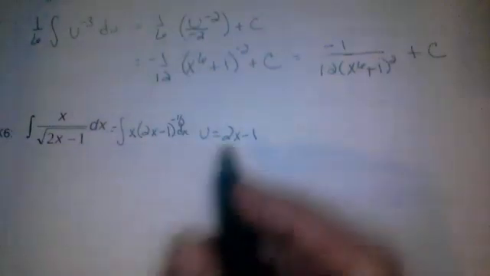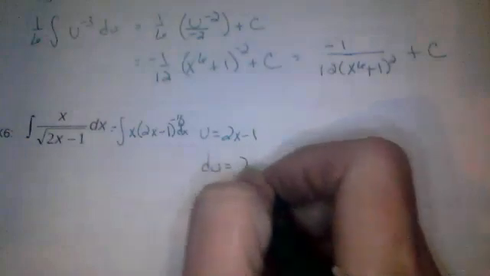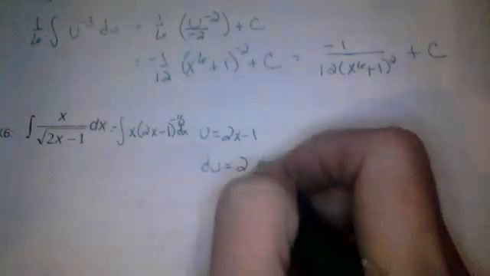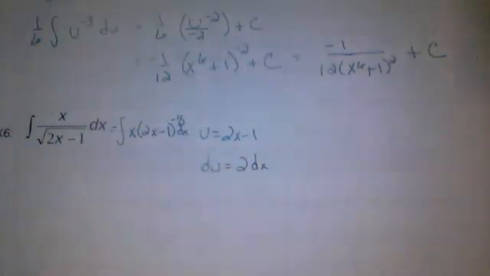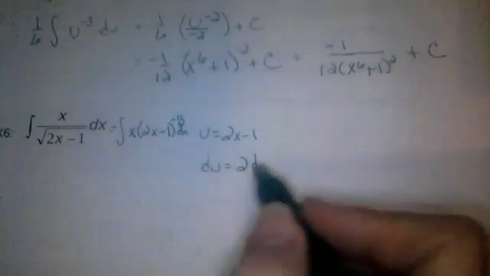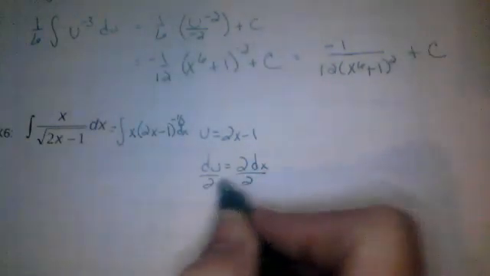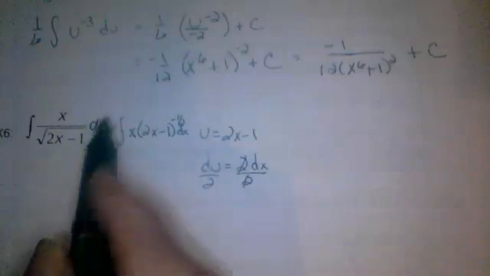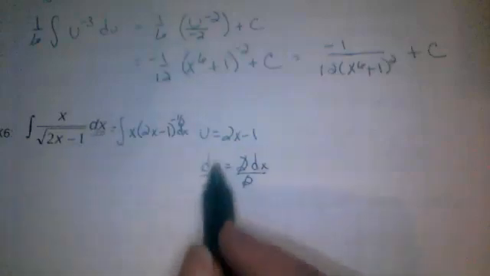So when I take the derivative, I get 2, and then move over the dx. So du equals 2 dx. So I don't have a 2 in here, so I'm going to go ahead and divide by the 2, and I can replace my dx with du over 2.